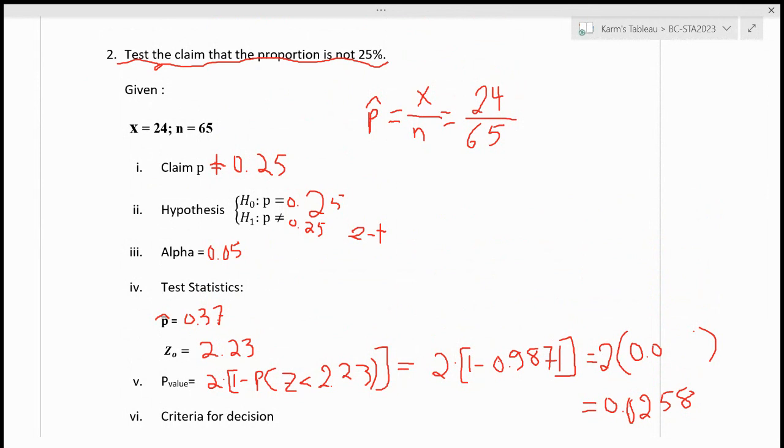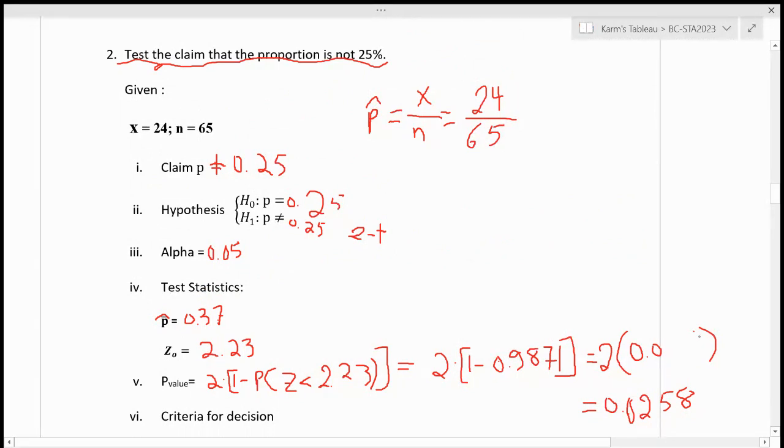Wait. So what goes in the parentheses after? So can somebody give an answer for that? So what's 1 minus 0.9871? That's going to give you what? 0.0, okay, the last number gives 8 or 9.